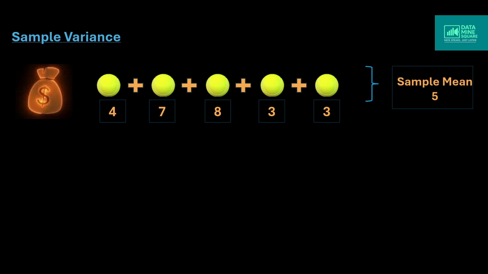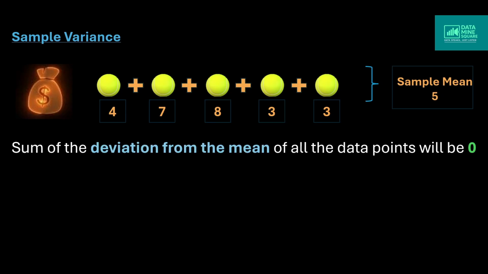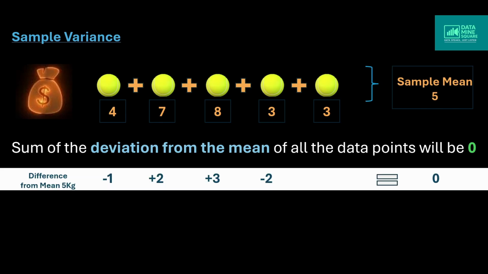Whenever we estimate a parameter, we impose a constraint. So in this case, the constraint will be that the deviations from the mean of all the data points sum to 0. So now we calculate the deviations. For the first ball, it is 4 minus 5, minus 1. The second, 7 minus 5, is plus 2.